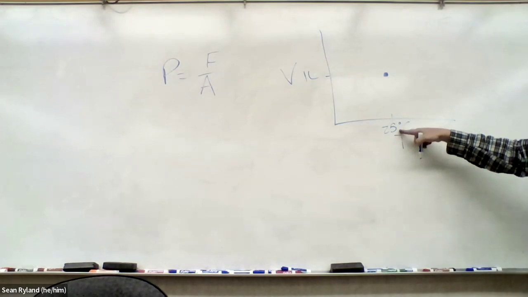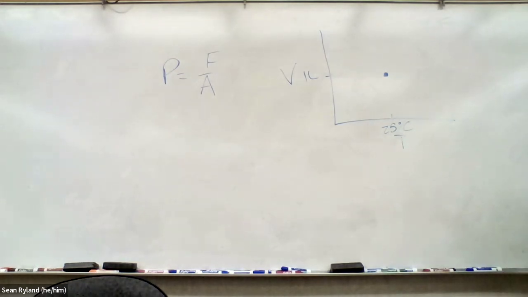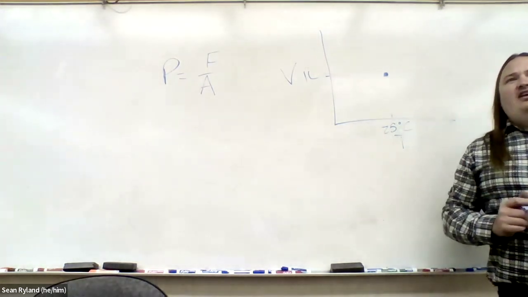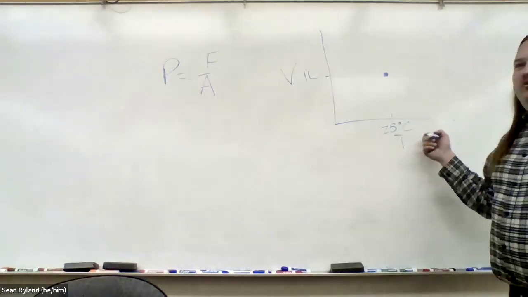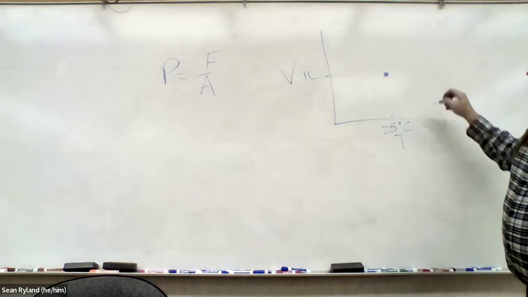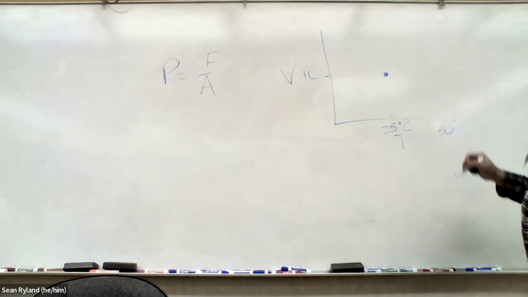It gets bigger. Would it double? Why not? If we doubled the volume, the pressure got cut in half, right? If we double the temperature, the gas molecules should be moving twice as fast, so they should need twice as much space, right? You're right, it doesn't double.